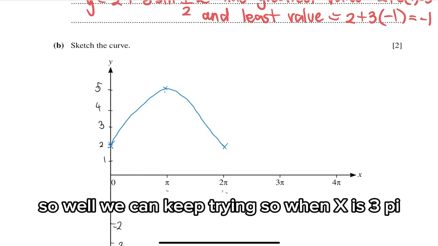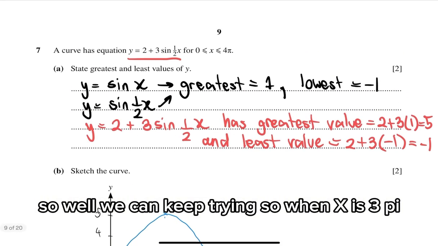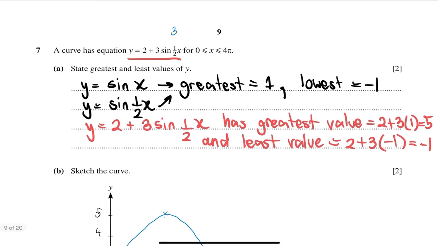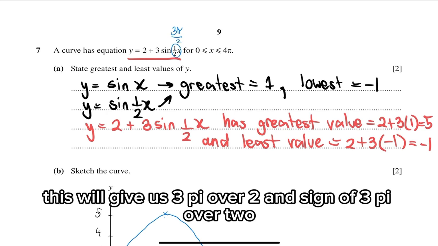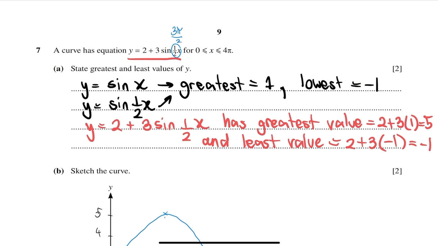Well, we can keep trying. So when x is 3 pi, this will give us 3 pi over 2, and sine of 3 pi over 2 is -1.